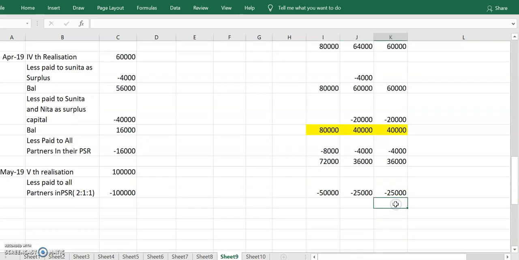Whatever balance is available after the payment of surplus or asset realization, last realization, whatever amount is present here, is called realization loss. You cannot eliminate their losses, but you can reduce their losses with this format. So 22,000 for Anita, 11,000 for Sunita, and 11,000 for Nita will be the realization loss.